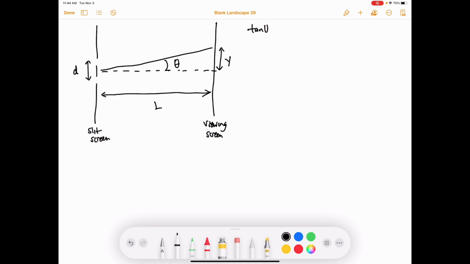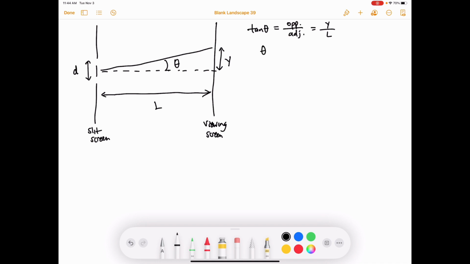Well, we can solve for the angle theta because, of course, tangent is equal to opposite over adjacent, where in this case, the opposite side is y and the adjacent side is L for the angle theta.